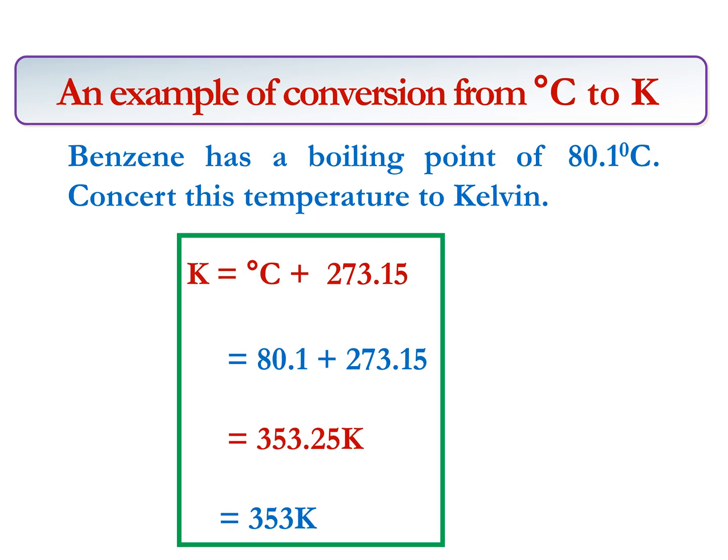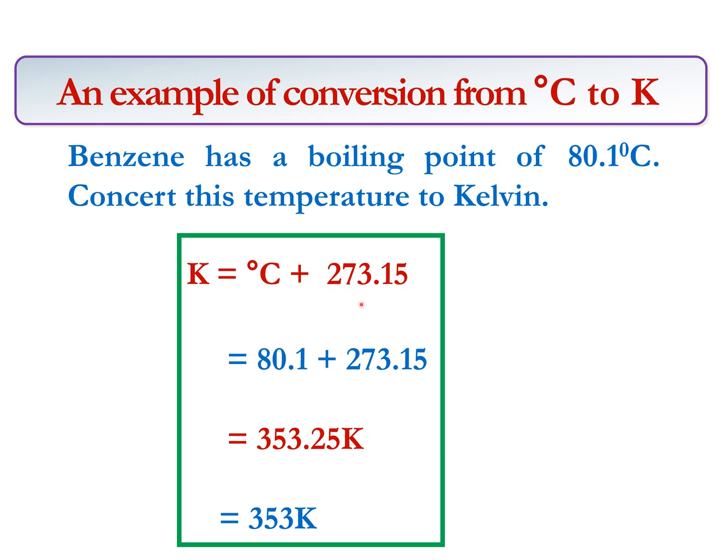Let's have a look at an example of conversion from degrees Celsius to Kelvin. Benzene has a boiling point of 80.1 degrees Celsius. Convert this temperature to Kelvin. First of all, we write down the formula for converting to Kelvin from degrees Celsius, and that formula is K equals degrees Celsius plus 273.15.